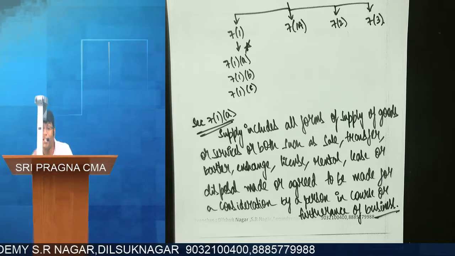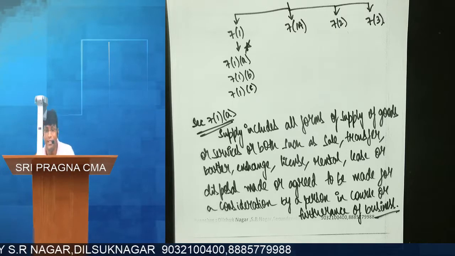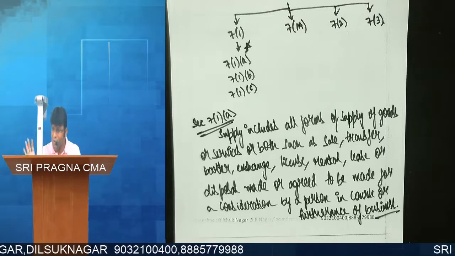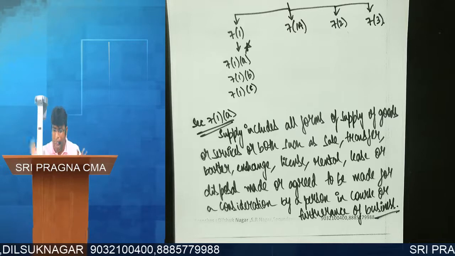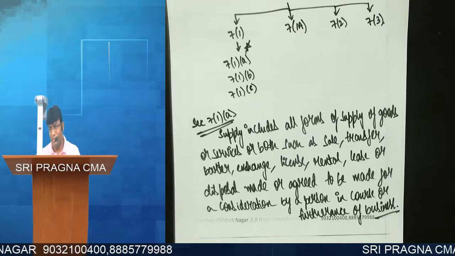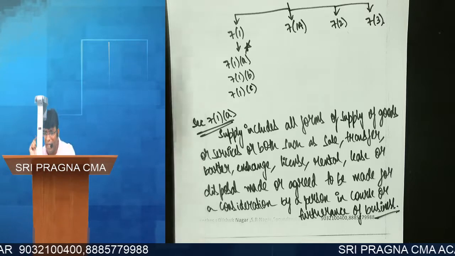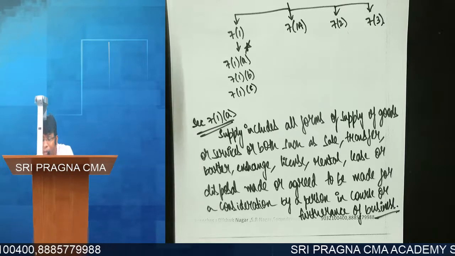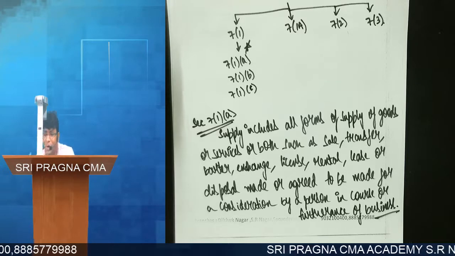Every word we have to understand there. Supply includes what? All forms of, that means all types of supply of what? Goods. What is goods?